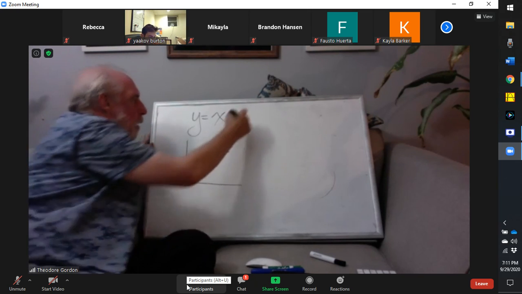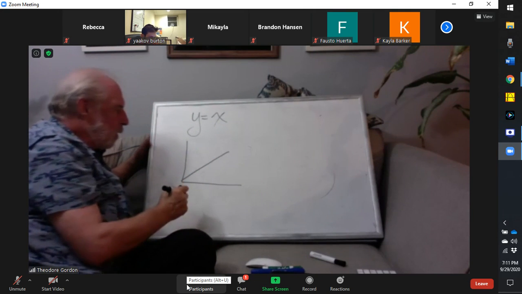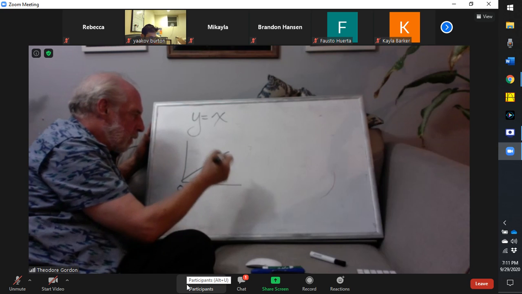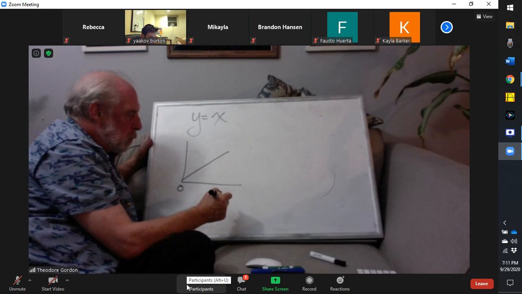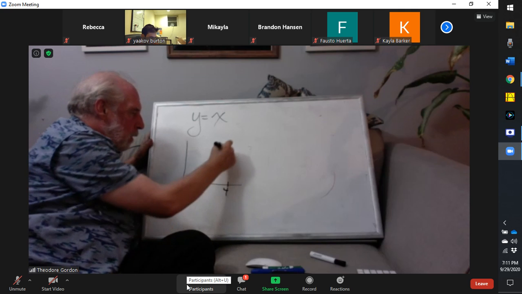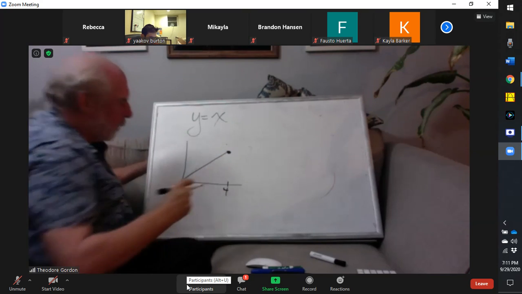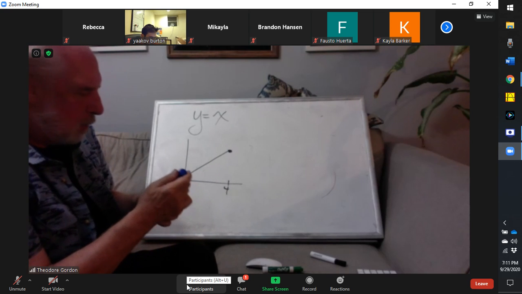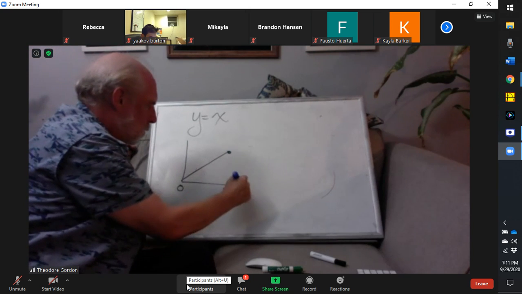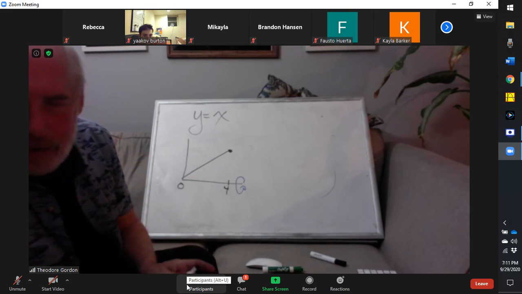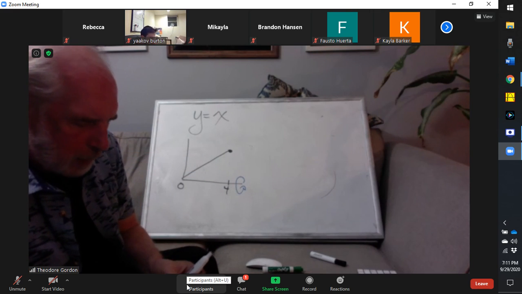And we'll go from 0 to, I don't know, 4, right? So we're going to spin that around the x-axis. What do we get when we spin that line around the x-axis? What shape do we get?